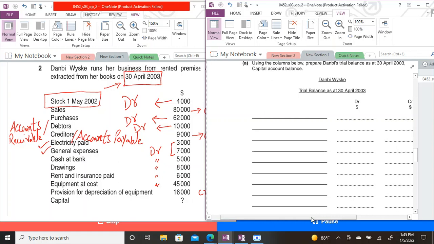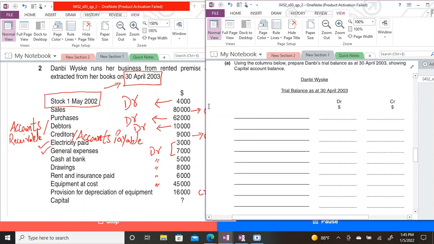So first is stock, which is our opening inventory. You can write opening inventory. The stock at 1st May 2002. This is 4,000.